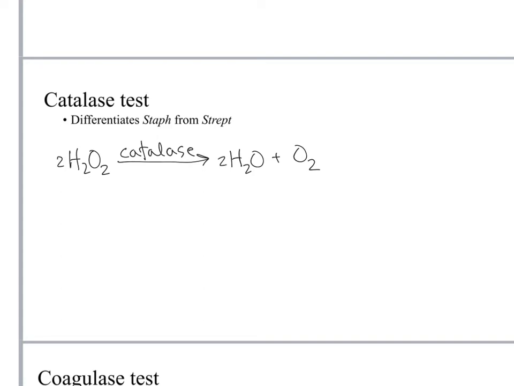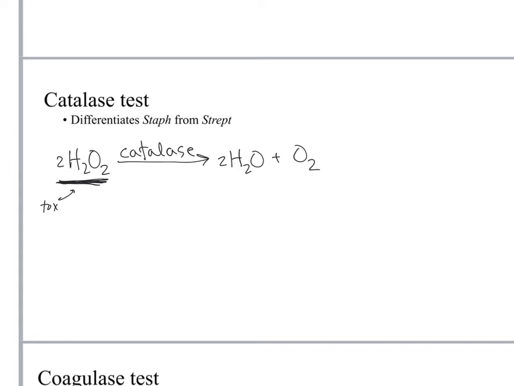Okay, and this is a really crucial enzyme because hydrogen peroxide is a byproduct of aerobic respiration. So any organism that respires aerobically needs to have a way to detoxify this hydrogen peroxide.